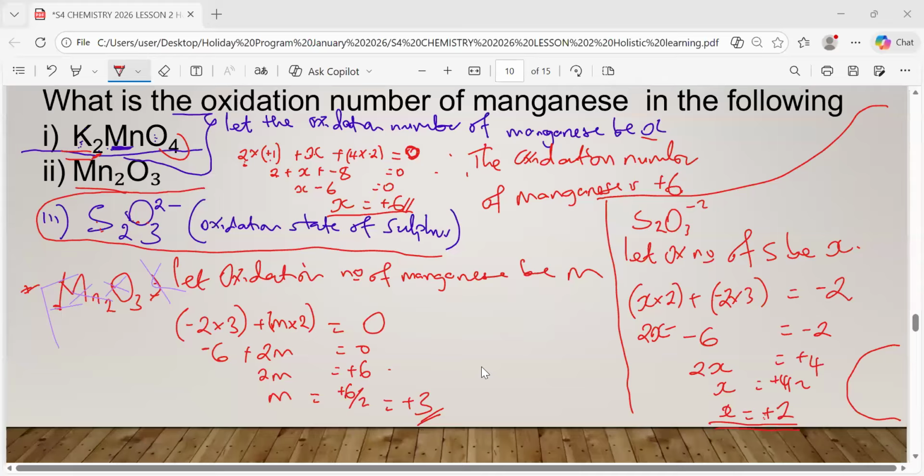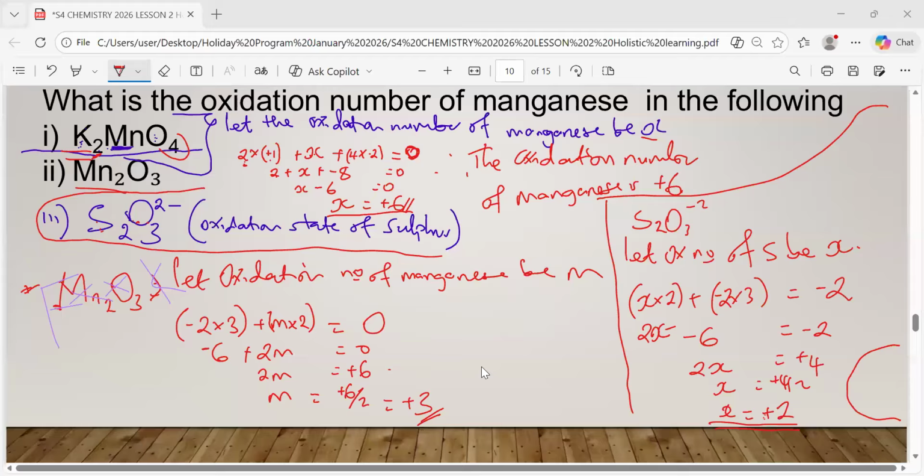The explanation of number 3. Okay, number 3. Please make sure your microphone is on so that we can move together.